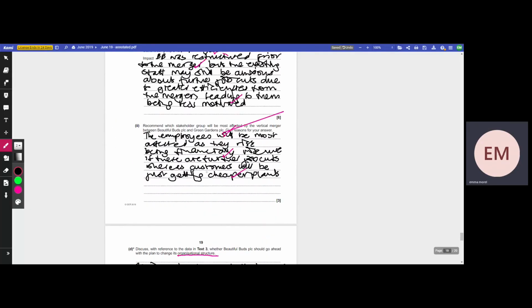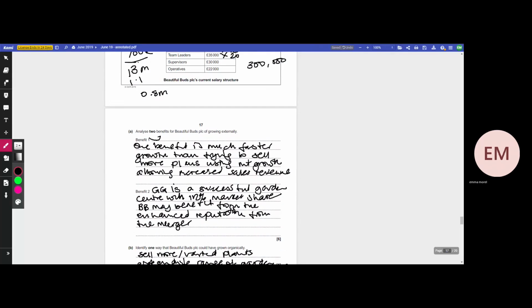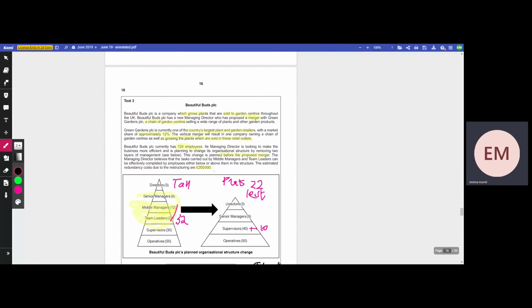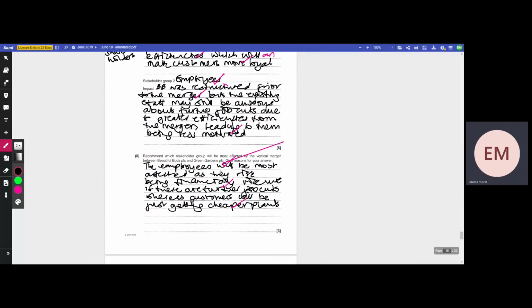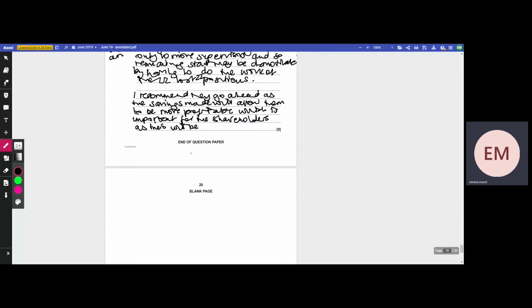I think they're a PLC. They're a PLC. Yeah. This will be important for the shareholders as there will be a higher chance of dividend payments.